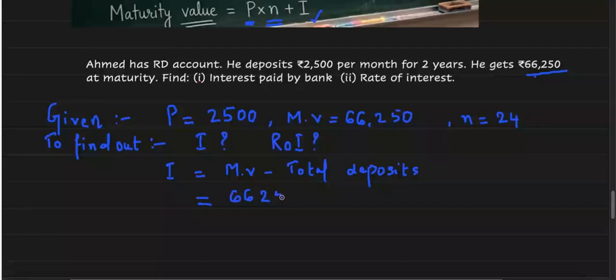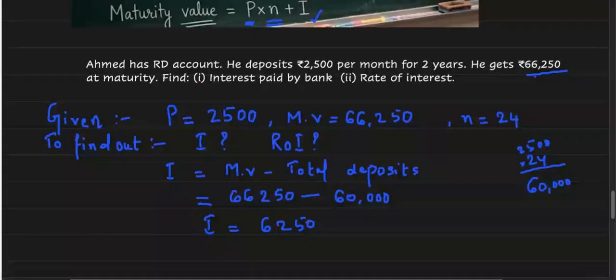If I am very slow, you people can watch the video at 1.25. 24 multiplied by 2500, you will get 60,000. Got it? Great. Now, interest received from the bank is 6,250.